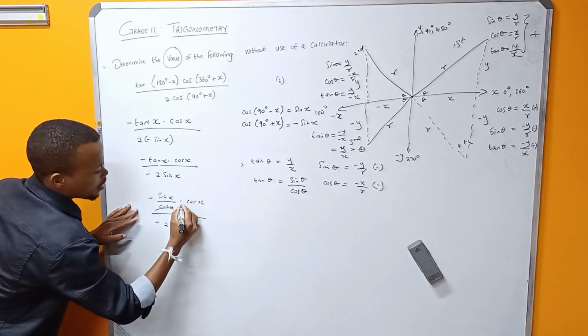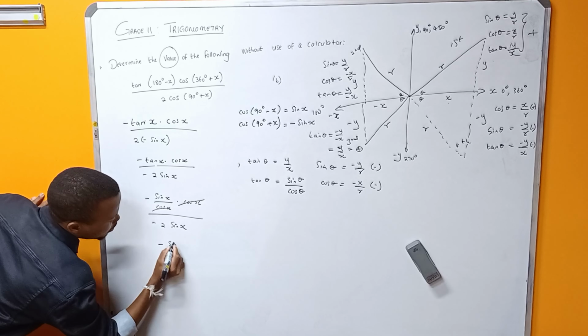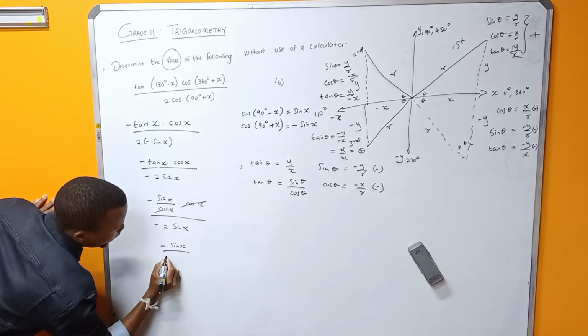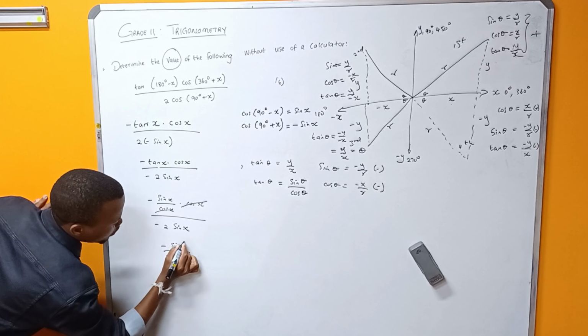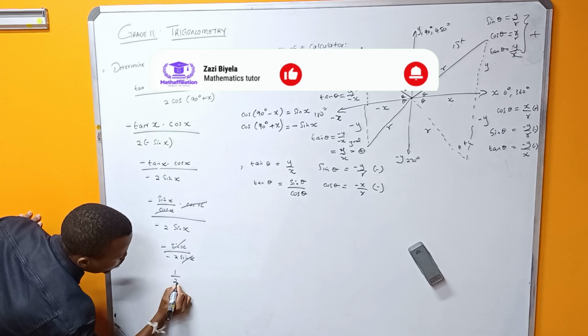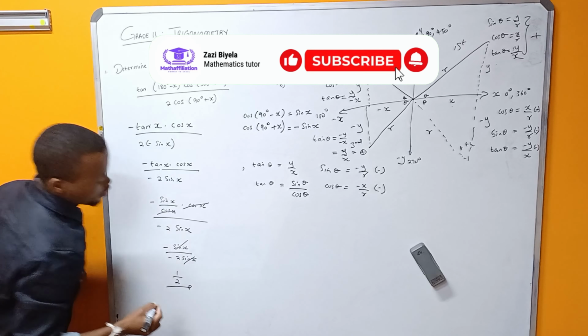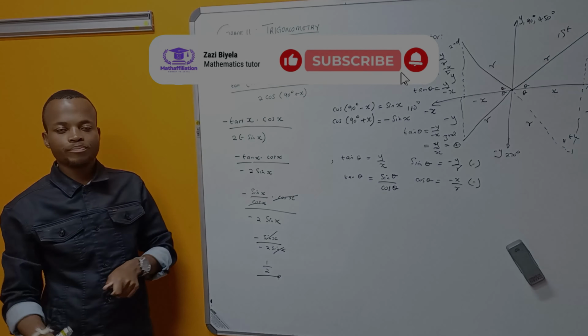So cos x and cos x divide, and I'm left with minus sine x over minus 2 sine x. The sine x divides, the minus signs cancel, and I'm left with 1 over 2. So the solution to this expression is 1 over 2.